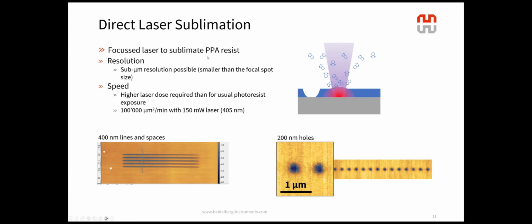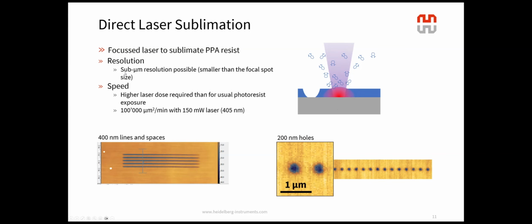We're using the same PPA resist, and the laser, similarly to the tip, is sublimating the PPA. But the spot of the laser is much larger than the dimension of the tip at its apex. We're talking about 500-600 nanometers. So we have the advantage of patterning much larger areas in a much shorter time.